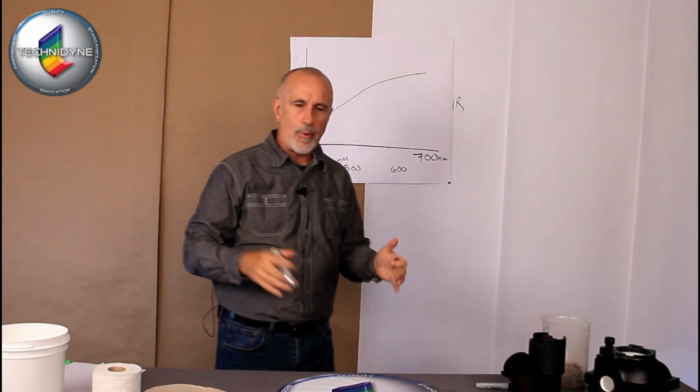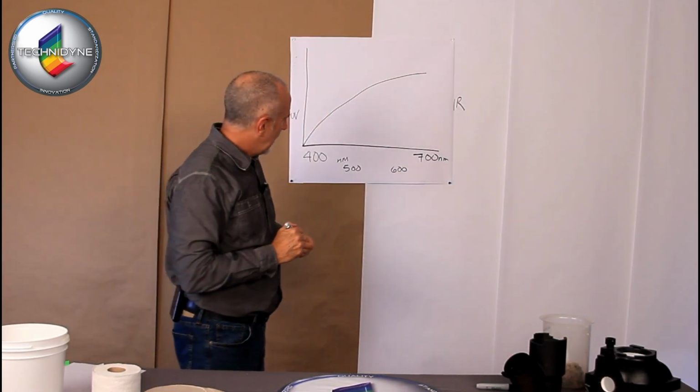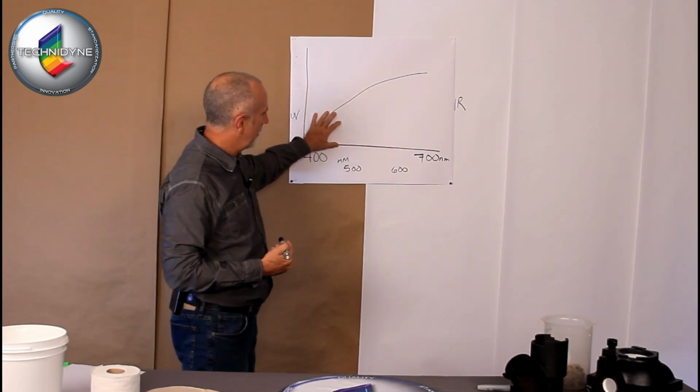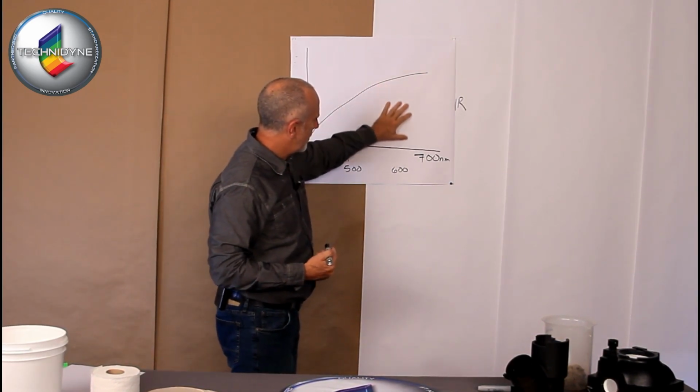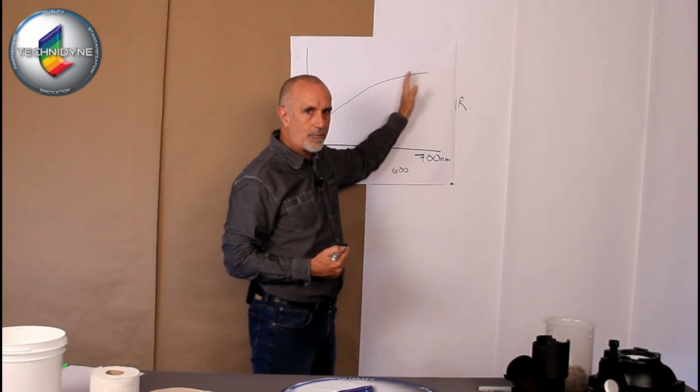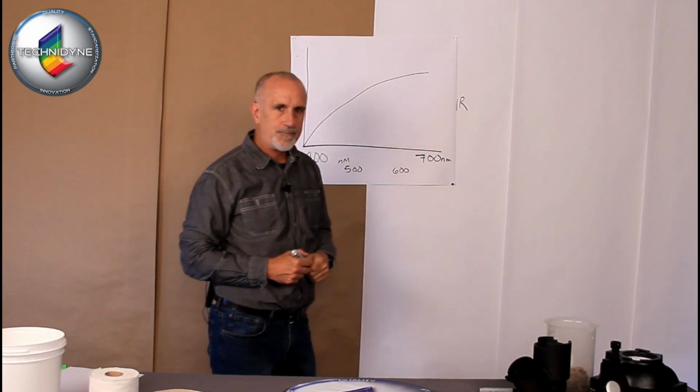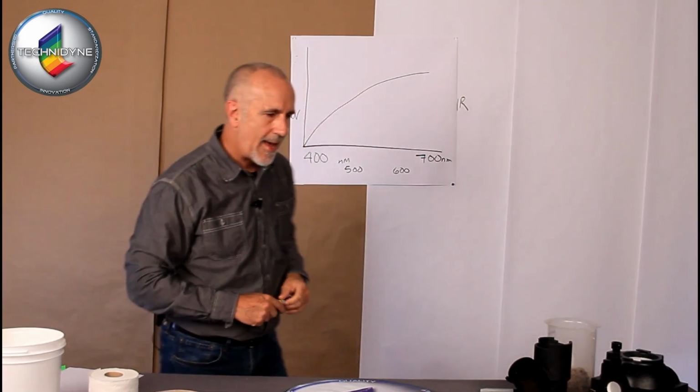Okay, that's kind of a ballpark representation of it, but it had low energy here in the 400 region, more energy out here in the 500 and 600, and the highest amount of energy as it moved out into this 700 nanometer region. Okay, so let's break that down a little bit further.